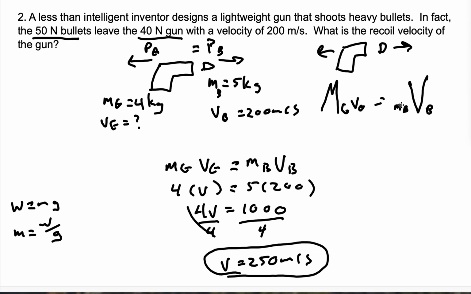Now, the bigger the mass of the bullet is, I have to do one of two things. I either have to make the mass of the gun bigger, which is usually what I do. In some guns, I can't make the mass of it big enough to control the recoil velocity.